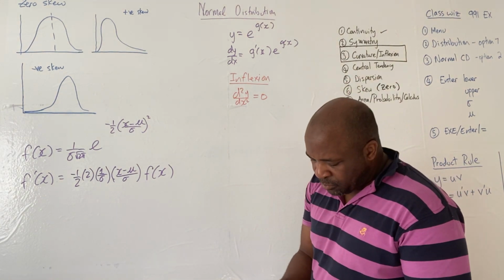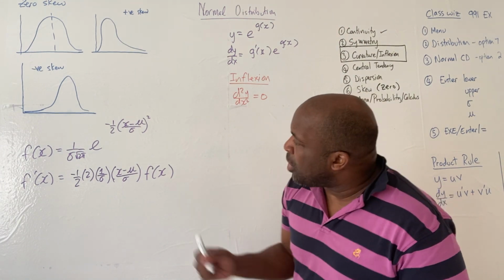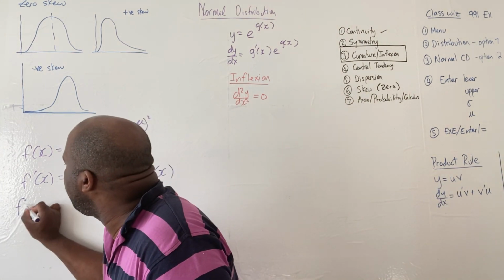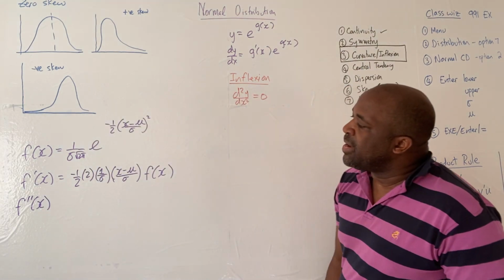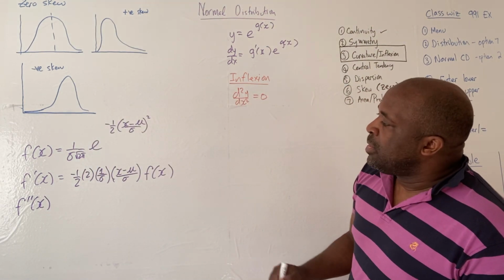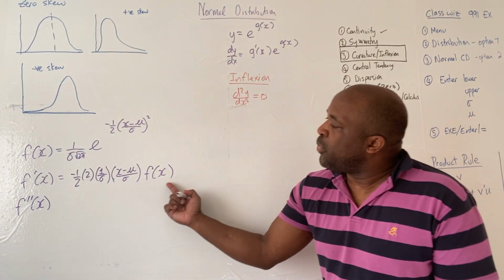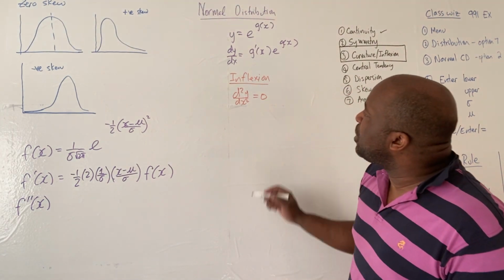So continuing, we're now going to differentiate the first derivative and get the second derivative. In order to differentiate this, we have a product, so we're going to use the product rule.